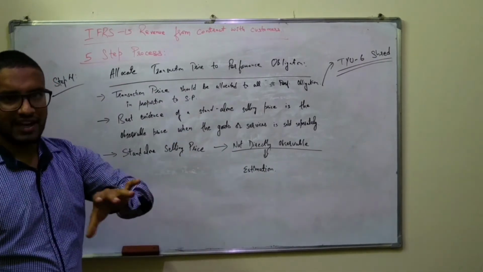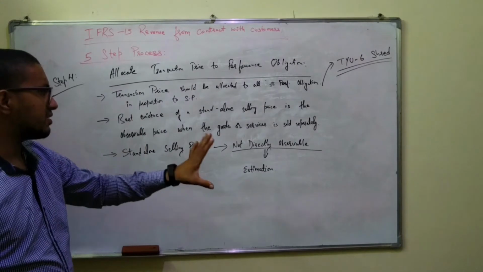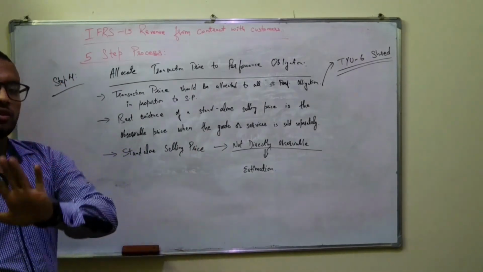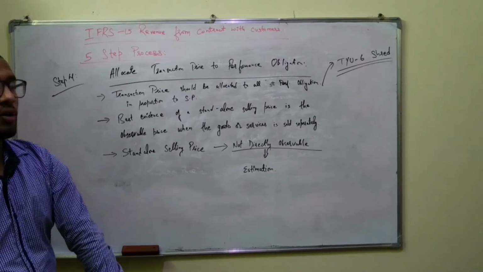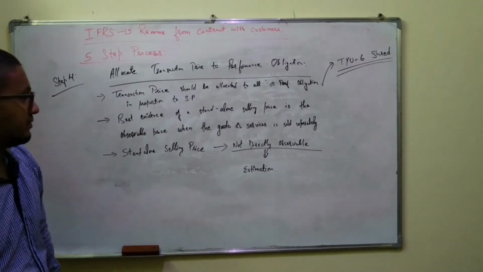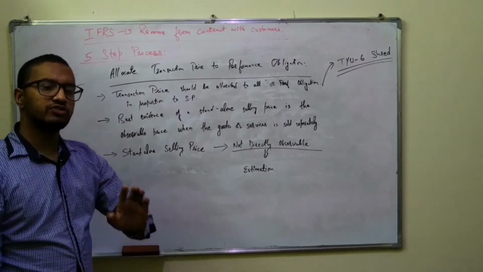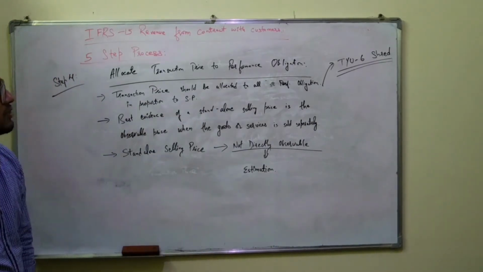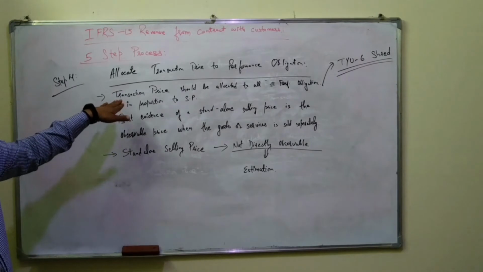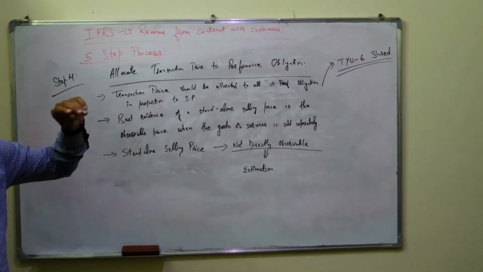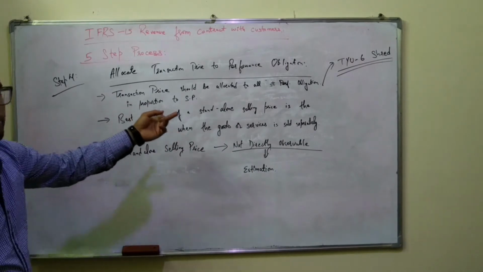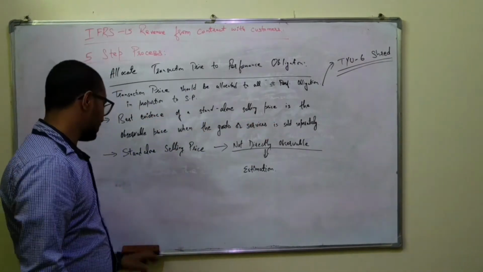To determine standalone selling price, if it can't be determined, it needs to be estimated, and while estimating you should try to use observable inputs. And then let's look at TYU6, where we will look at this transaction price allocation in proportion to selling price. So let's look at it.